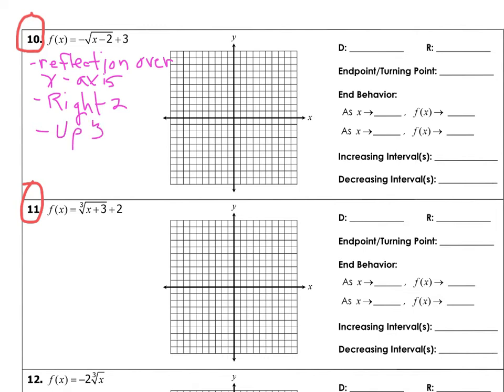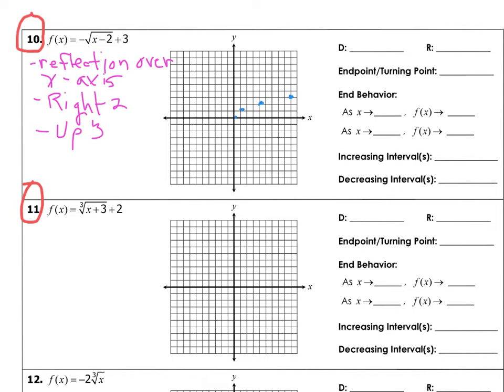So I'm going to start with the fact that I have a square root. So my parent function for my square root would be at 0, 0, 1, 1, and then 4, 2, and then 9, 3. So that's where my parent function normally is.